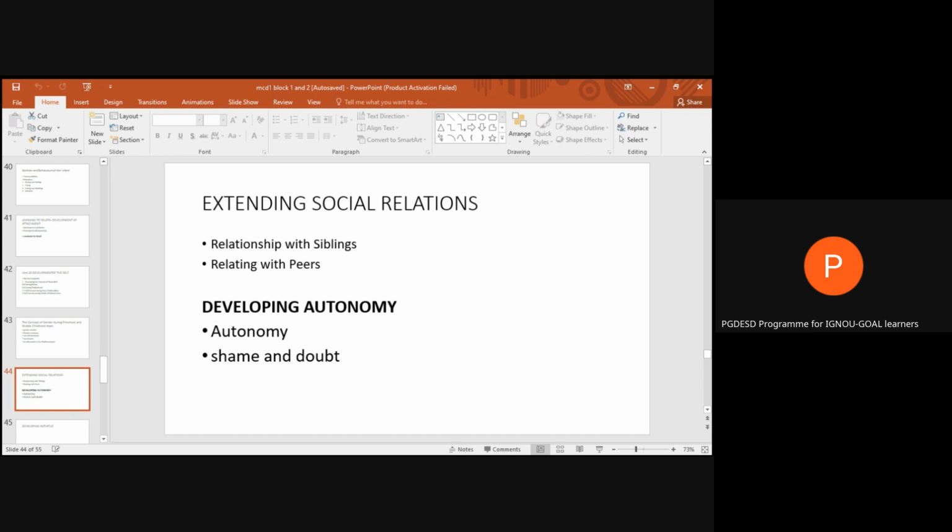Developing autonomy is important as it determines the extent to which one feels that the situations in life, the events that happen to one, are under one's influence or control.